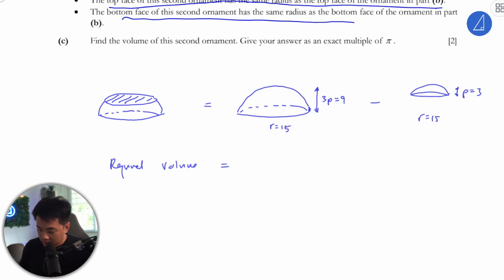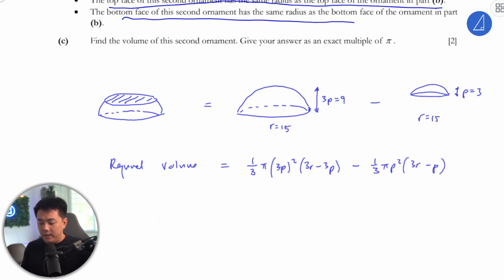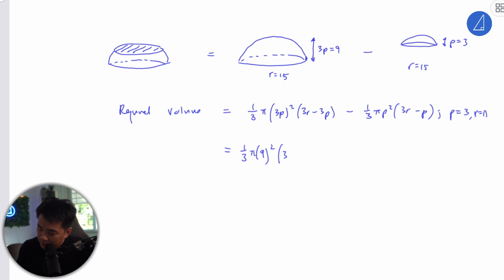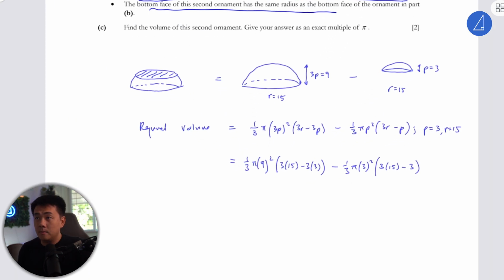Using the result from part A, 1/3 pi 3p squared, 3r minus 3p, minus 1/3 pi p squared, 3r minus p. Then you just replace p with 3 in your answer, and r is 15. There you go.